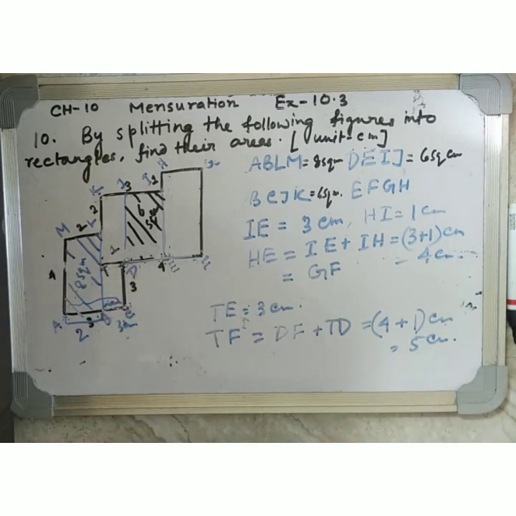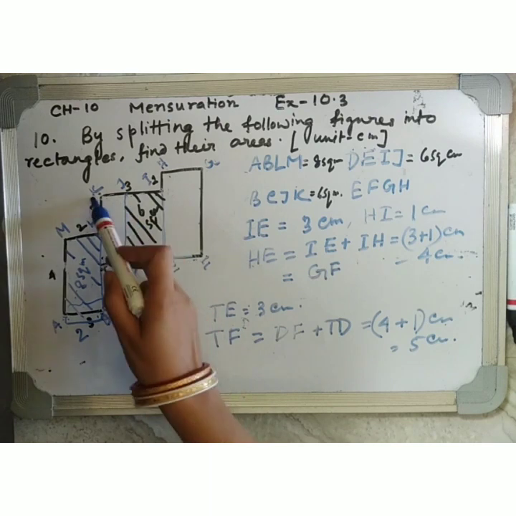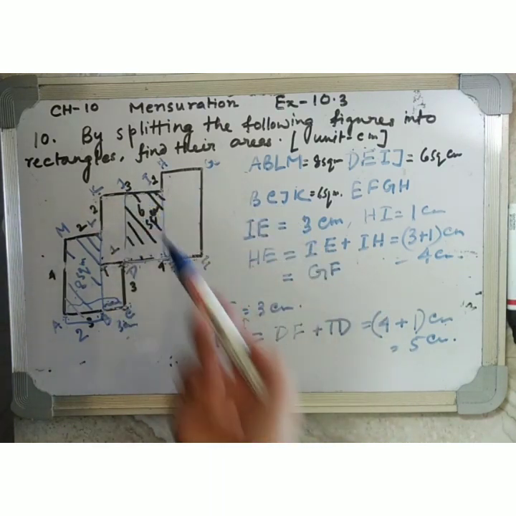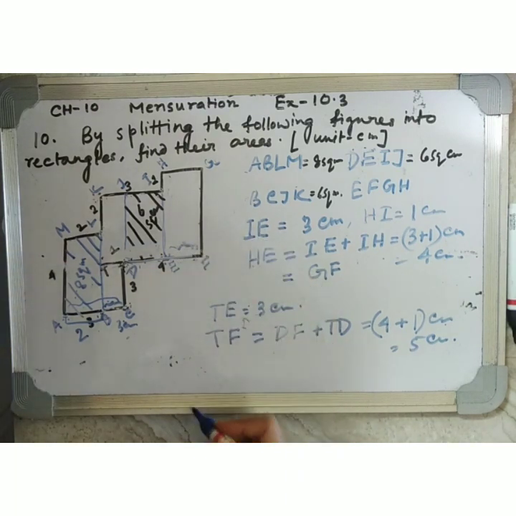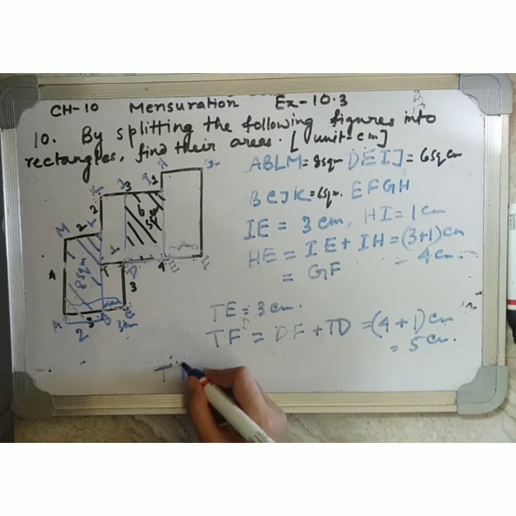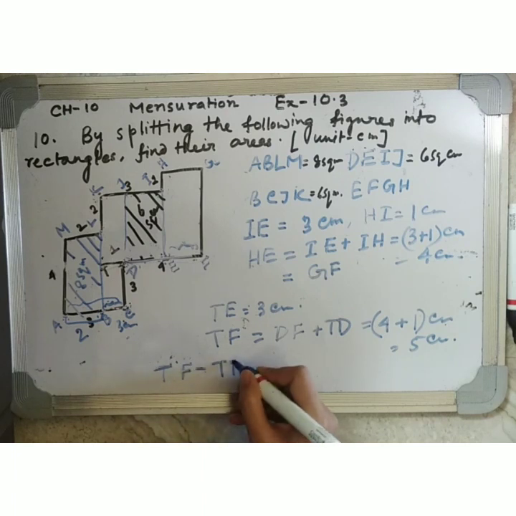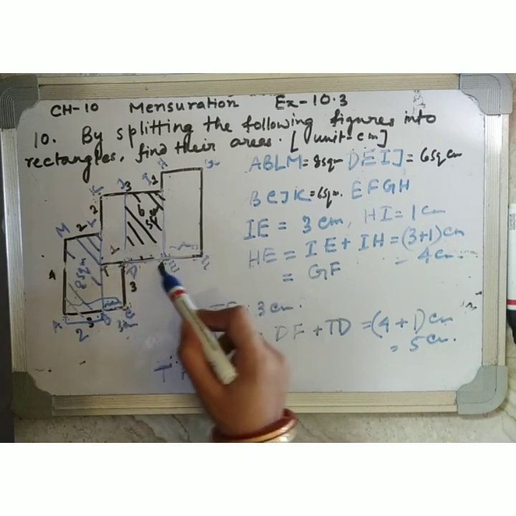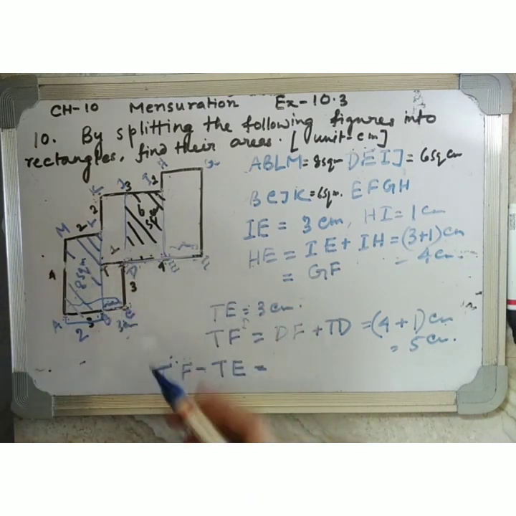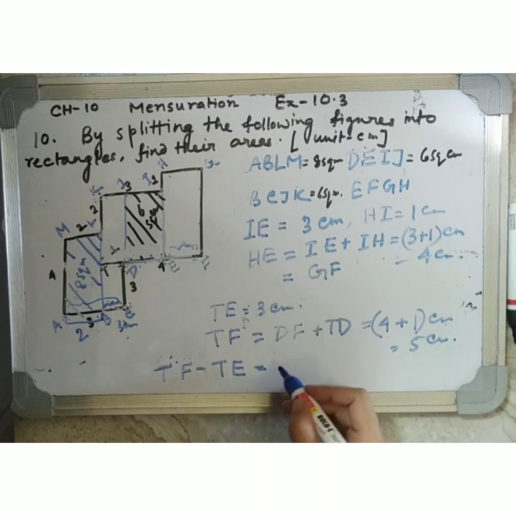Now TE is equal to KI is equal to 3 centimeter. So how to find the length of EF? If we subtract TE from TF, then we will get the length of EF, isn't it? TF was of length 5 centimeter.